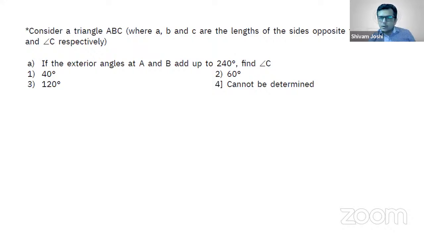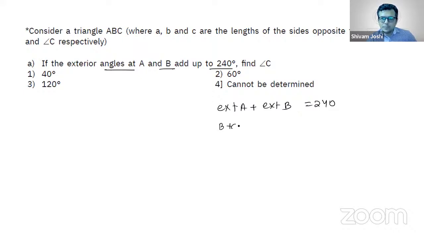Consider ABC. Okay, same data. If exterior angles at A and B add up to 240, find out C. They are saying that exterior A plus exterior B add up to 240. What is exterior A?